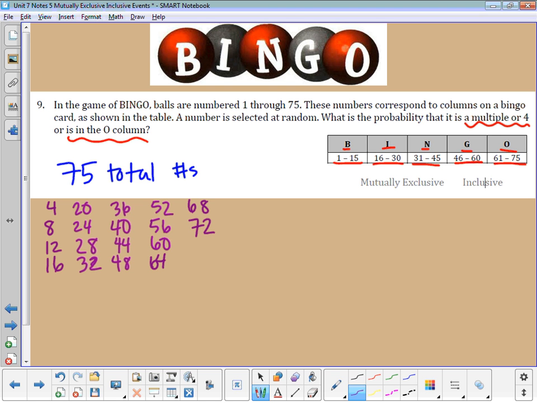If I go to 76, then I'm off the bingo card because 75 is my biggest one. So let's count how many there are. There's 1, 2, 3, 4, 5, 6, 7, 8, 9, 10, 11, 12, 13, 14, 15, 16, 17, 18. So there's 18 multiples of 4.